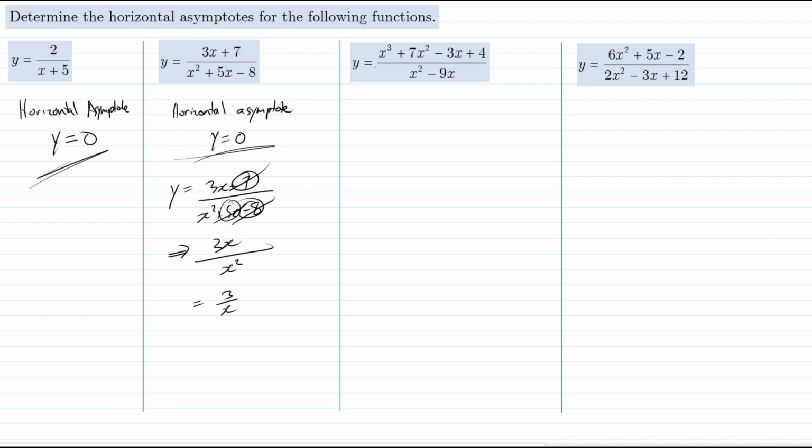What, though, happens if it's a higher degree? So this is a degree 3 over a degree 2. Well, it's kind of the opposite. As x gets bigger and bigger, this stuff will become insignificant. But the point is, the numerator, because of this x cubed, is going to become relatively way larger than the denominator because it only has x squared.